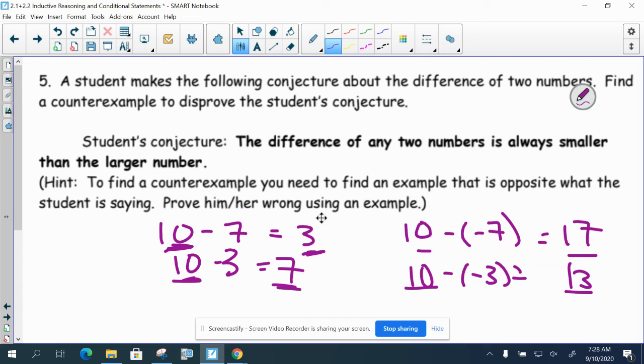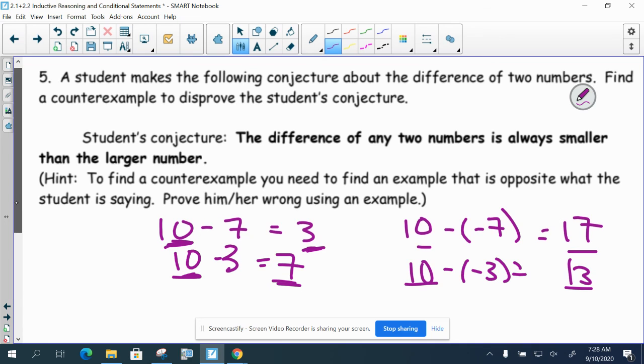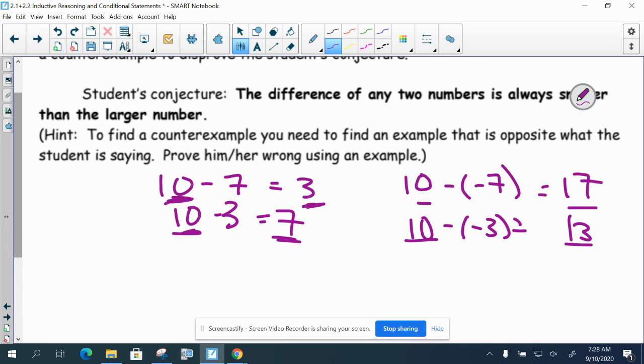You just have to give one counterexample to prove that this statement is false. The general idea is that if you take a positive number minus a negative number, then you're going to get a larger number than the original.